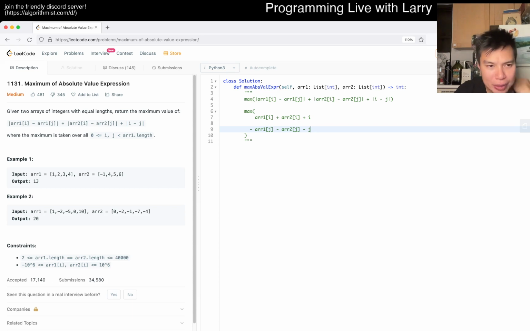Is that the way to do it? Well, let's see. These are the i's and these are the j's, but the absolute value is adding some complexity there for sure.